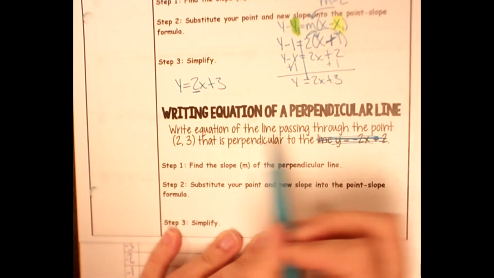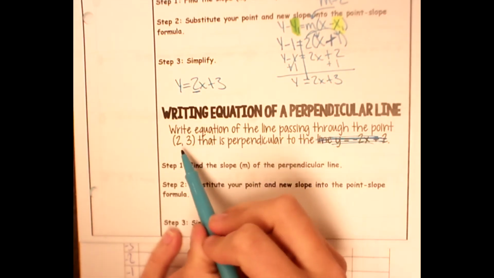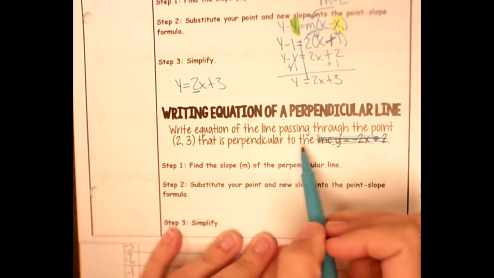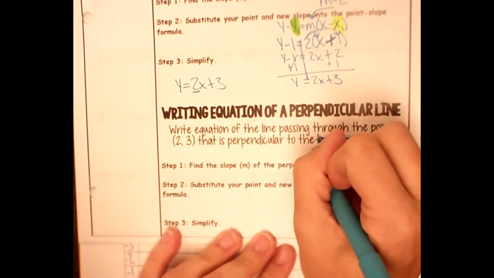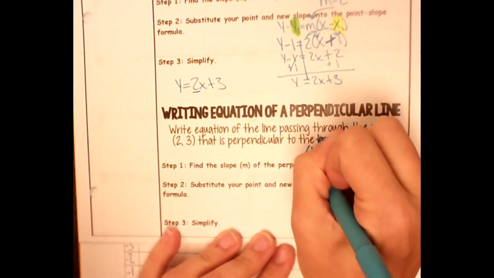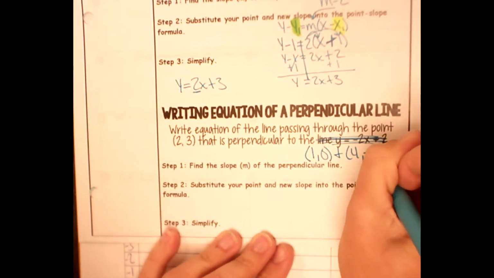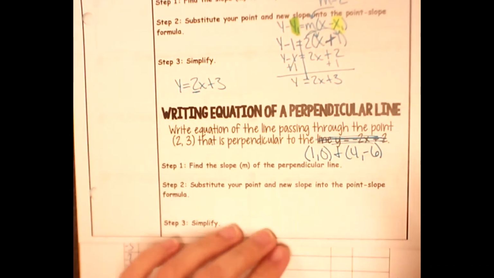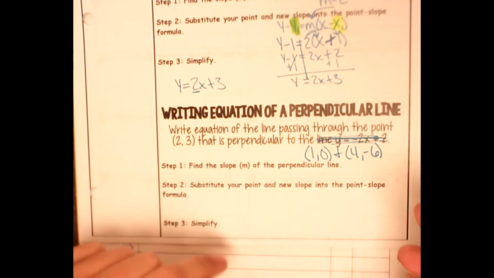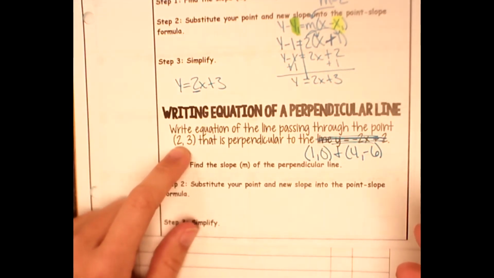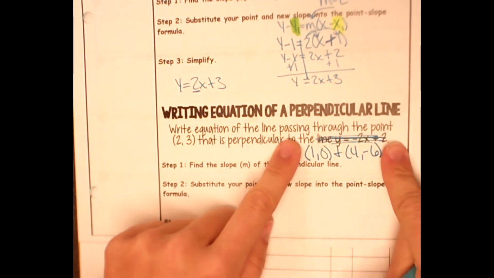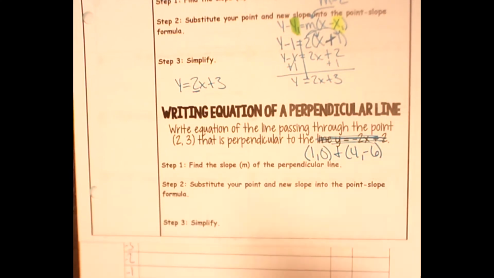Sometimes they might just say write an equation of a line passing through the point 2, 3 that's perpendicular to the line that contains the points 1, 0 and 4, -6. So I want to write a perpendicular line that passes through that point and is perpendicular to the line formed by these 2 points.